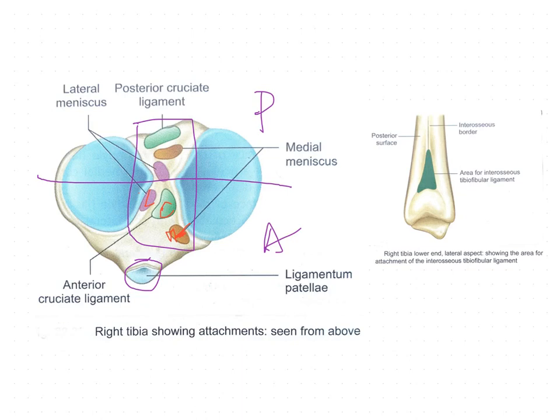Here is the posterior end of the lateral meniscus, then the posterior end of the medial meniscus, and next, posteriorly, the posterior cruciate ligament is attached.